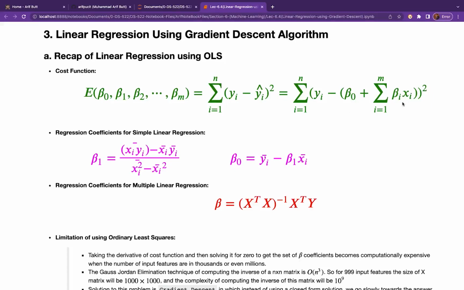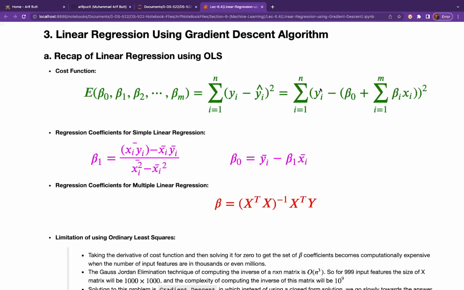And of course we take the square of their difference to make the error function differentiable. Moreover, this value m represents the number of features and this value n represents the number of observations or data points.